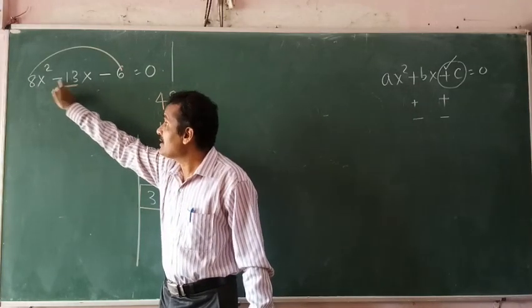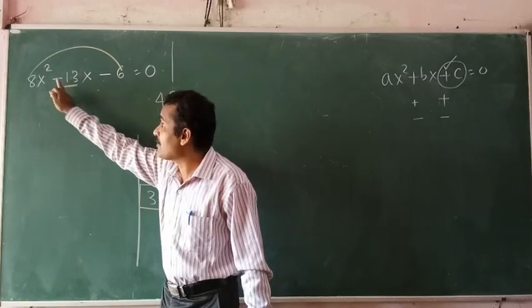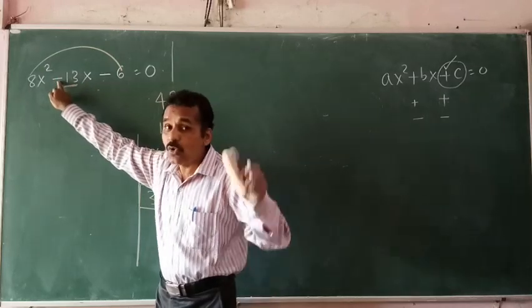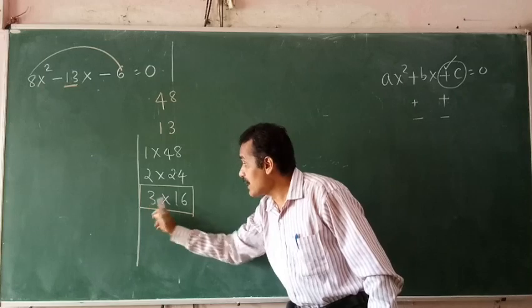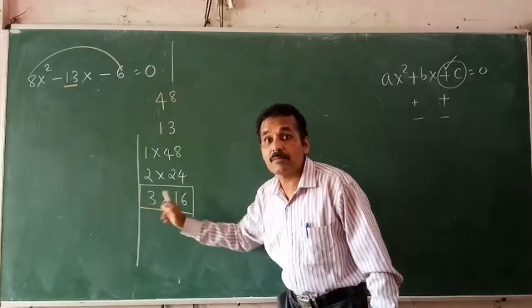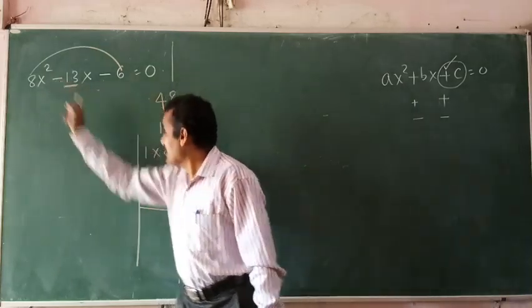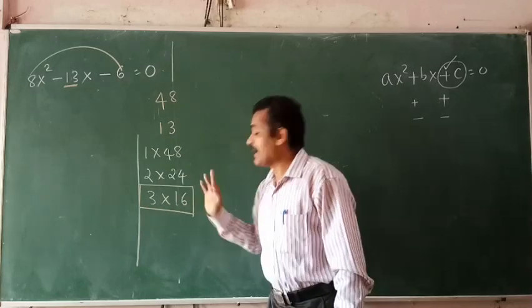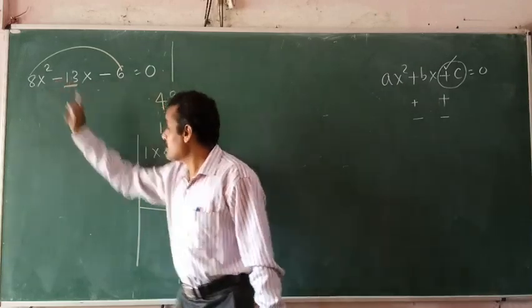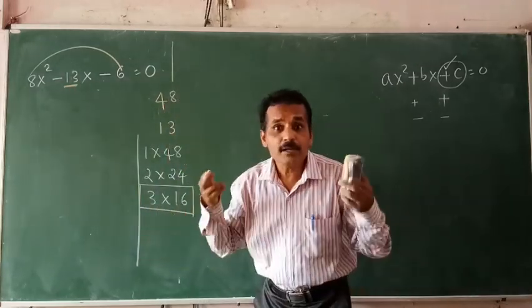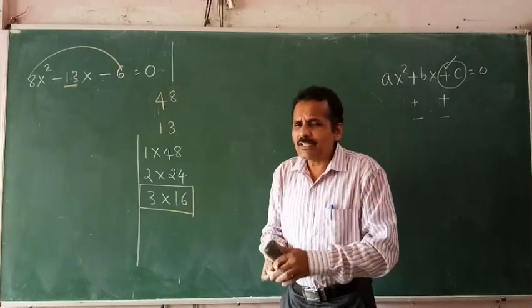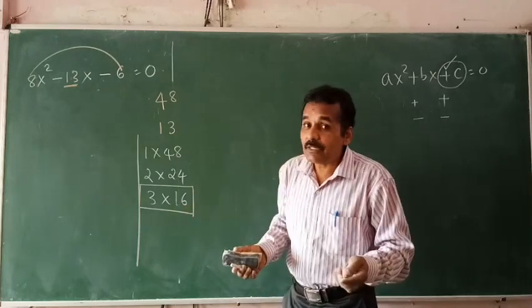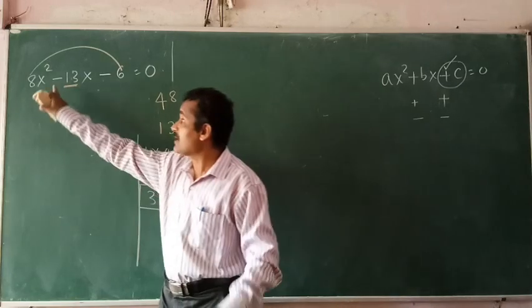Whichever sign the coefficient of x has, that sign should go to the bigger number among these two. If this is minus, out of these two the bigger number will get minus. If this is plus, the bigger number will get the plus sign. Very simple. One plus and one minus. So who will get plus? Who will get minus? The answer is here.